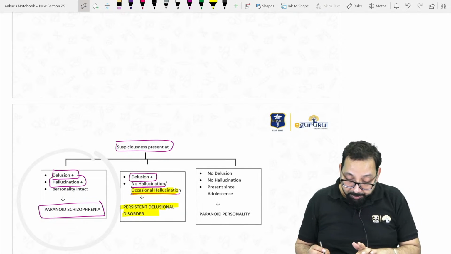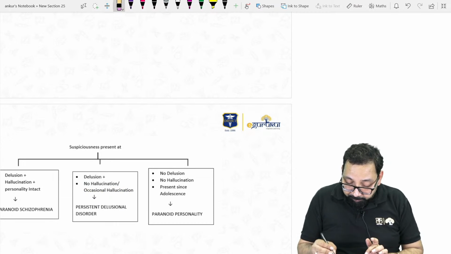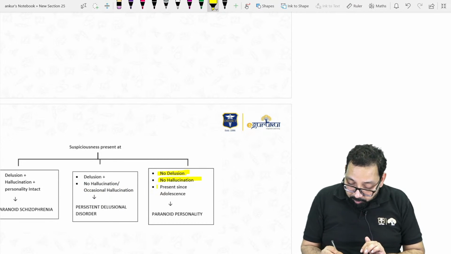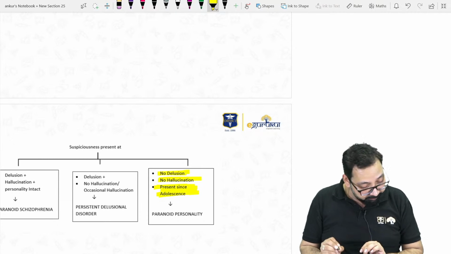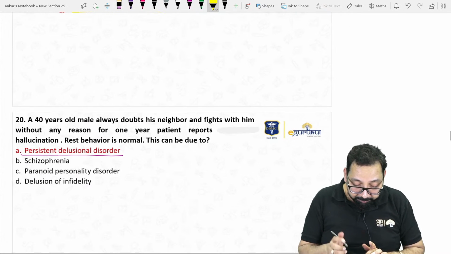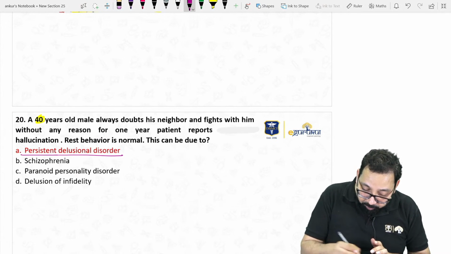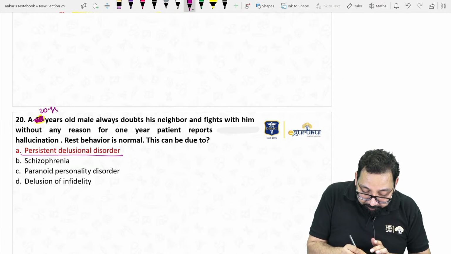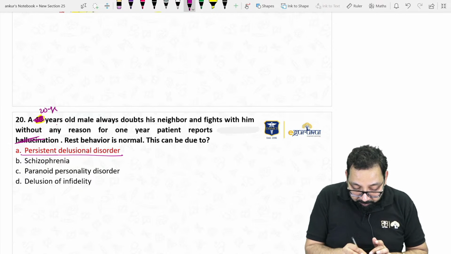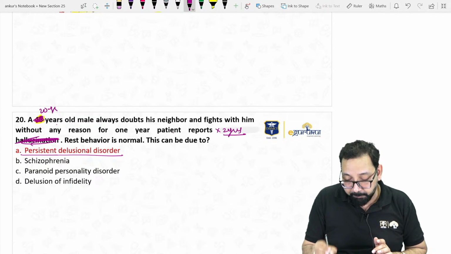Sometimes you will find that the patient has no delusion, no hallucination, present since adolescence. Suppose a 20-year-old male doubts his neighbor without any reason for 2 years.